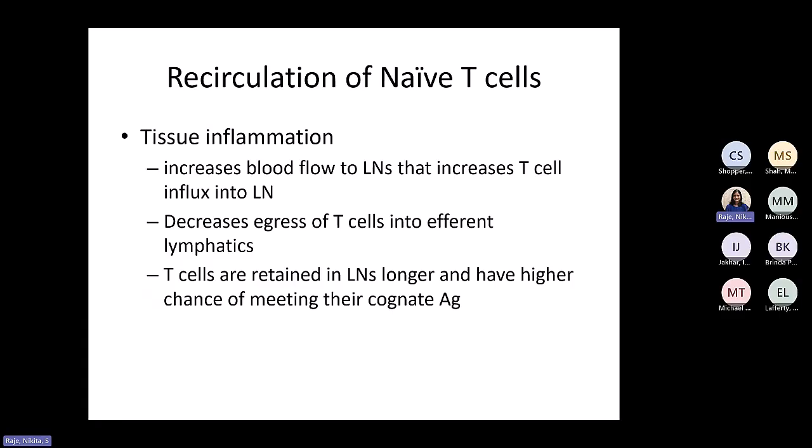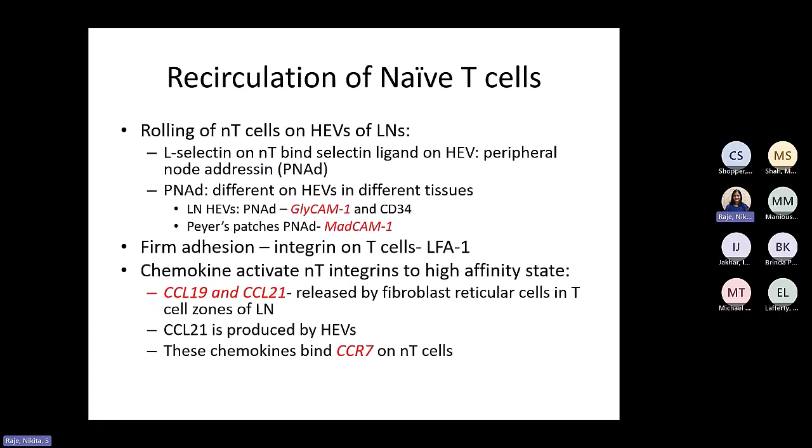And there is decrease in the egress of T cells into the efferent lymphatics, which means there are more T cells going into the lymph nodes, but less coming out of the lymph nodes. So the T cells are retained in lymph nodes longer when there is inflammation, so that there is higher chance of them meeting with antigen that they are specific for.